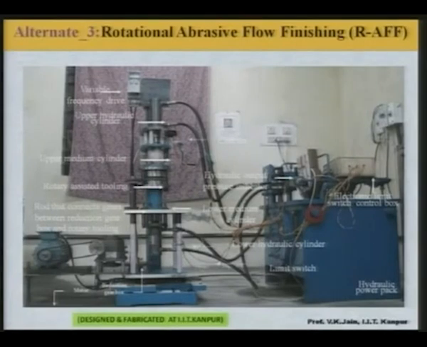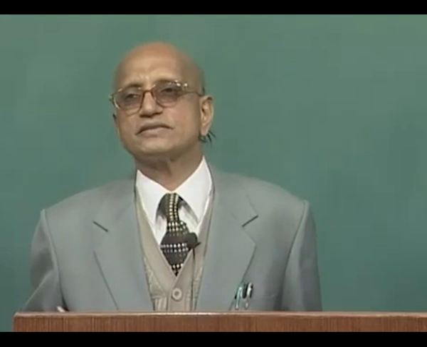And you can see, because of the rotation of the workpiece, the spiral motion is obtained for the abrasive particles with respect to the workpiece, and because of that spiral motion, as I will show you in the following slides, you get a higher finishing rate.